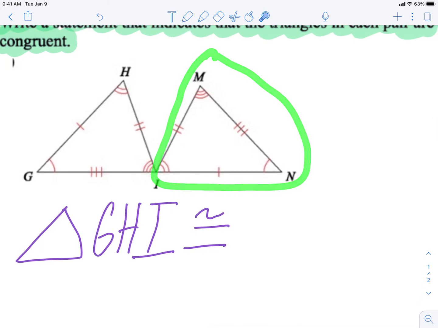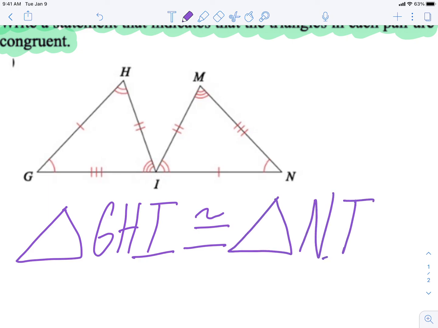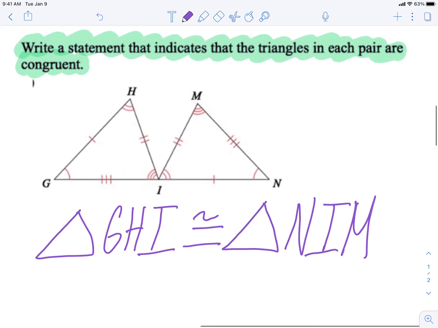Well, remember, I started with single arch, went to double arch, then went to triple arch. GHI, there's my triangle. So I'm going to do the same thing here. Single arch to double arch to triple arch. So it's NIM. Triangle NIM. And that is my statement.